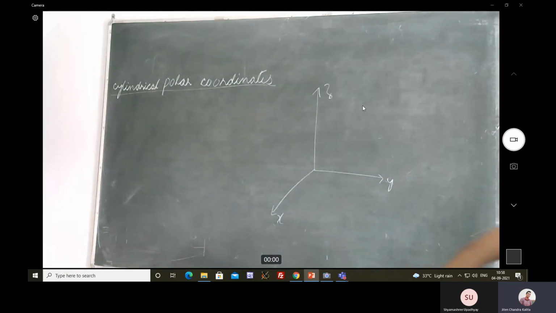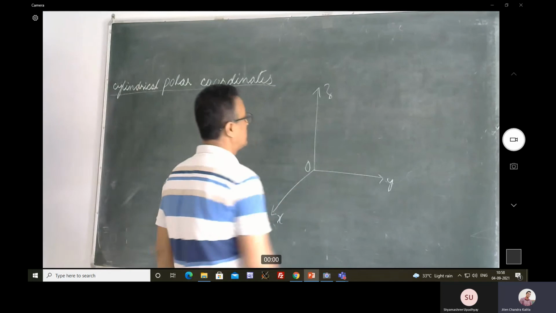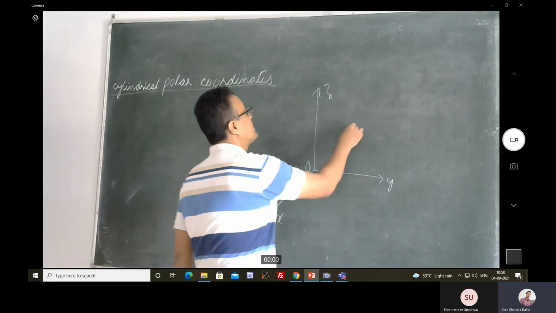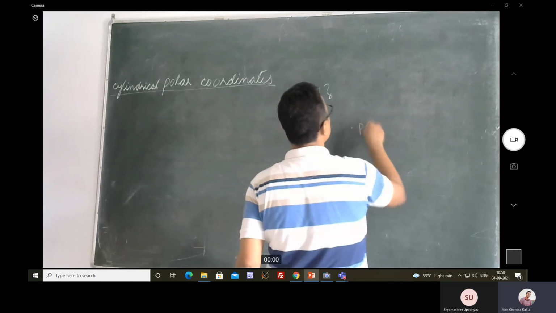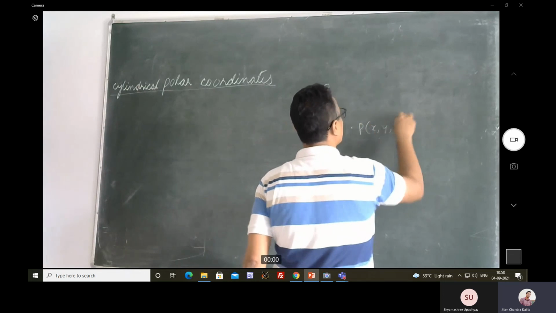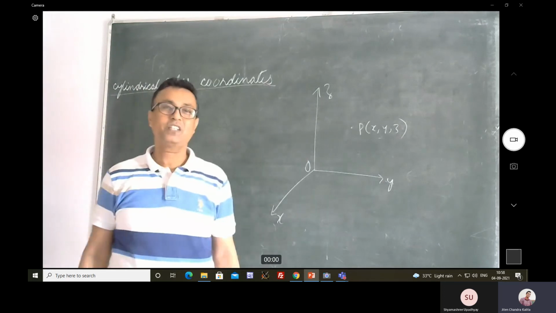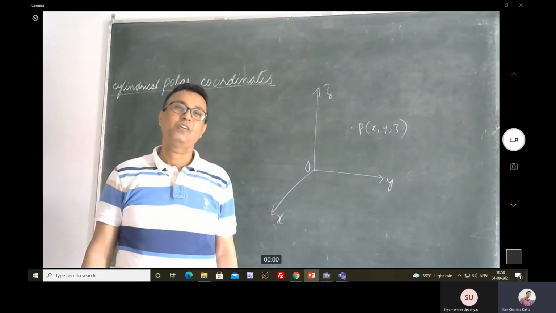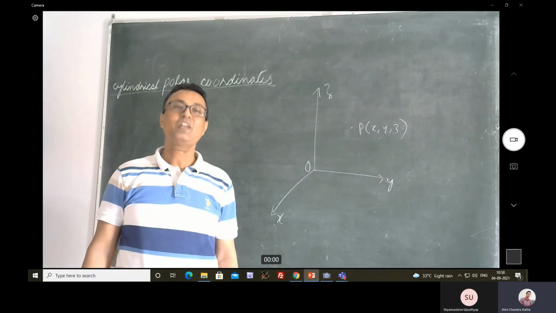Okay, and they meet at the origin O, and we consider a point in space. Now, if we consider that the point lies on the surface of a cylinder, then what happens?